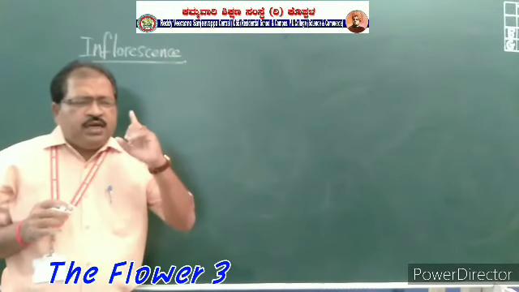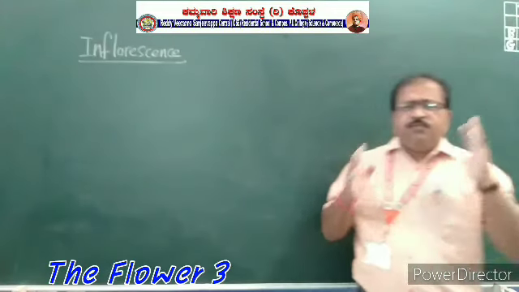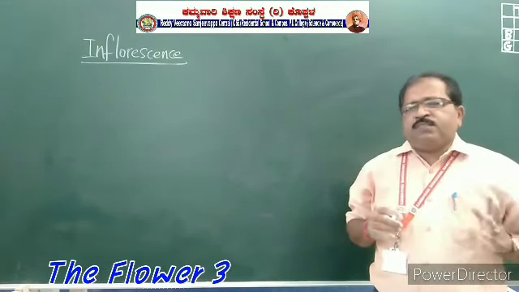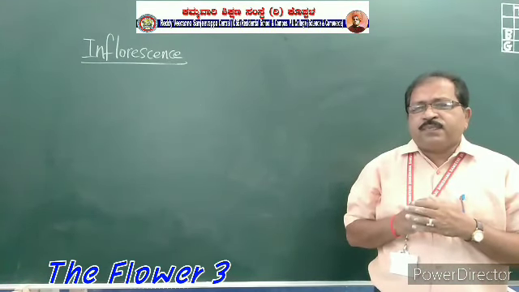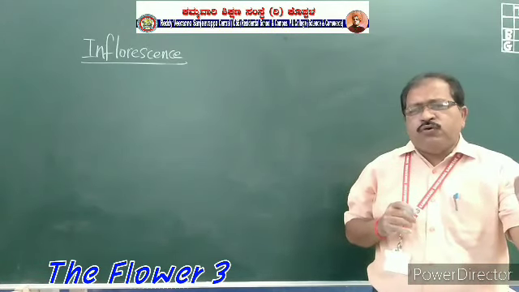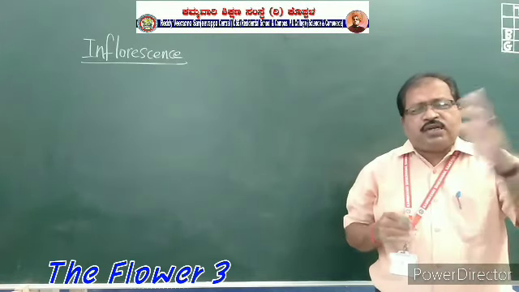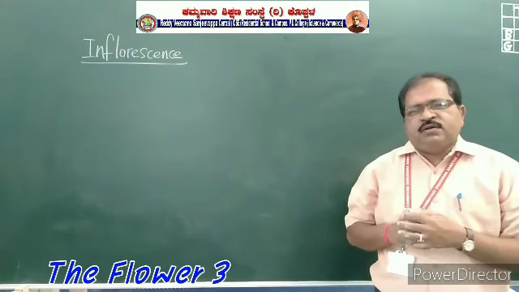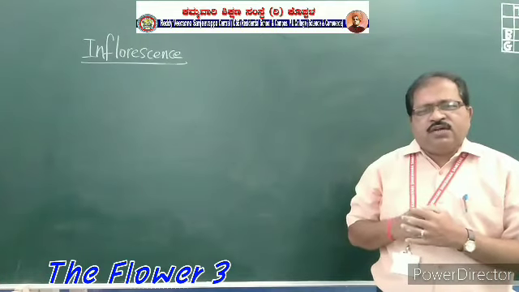Usually one flower will grow singly on the stem. Such flowers are called solitary flowers, only one flower for one stem. Like hibiscus, only one flower for one stalk, not more than one. That is a solitary flower.